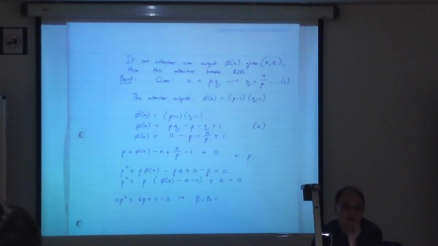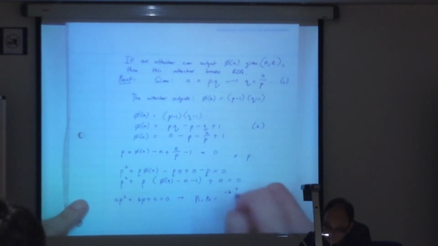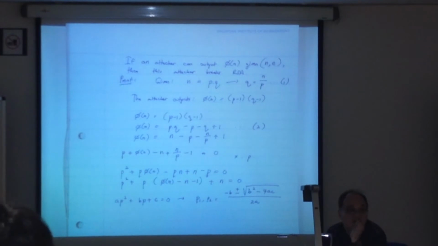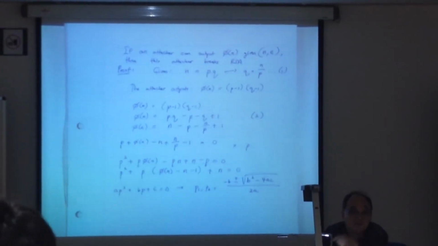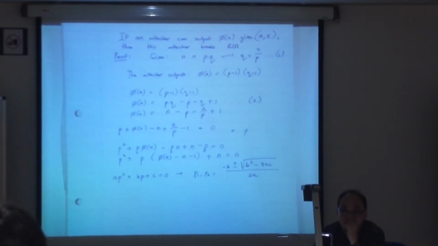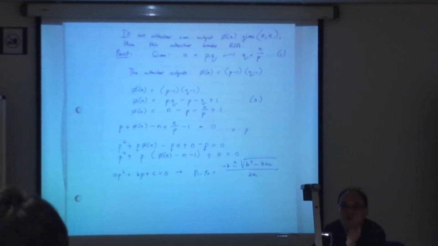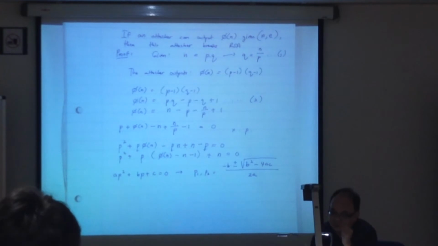There are two roots, right? So this is equal to minus b, plus or minus the square root, that formula. You remember this one? You studied this one? Of course. If you didn't, you need to let me know who your tuition teacher is.